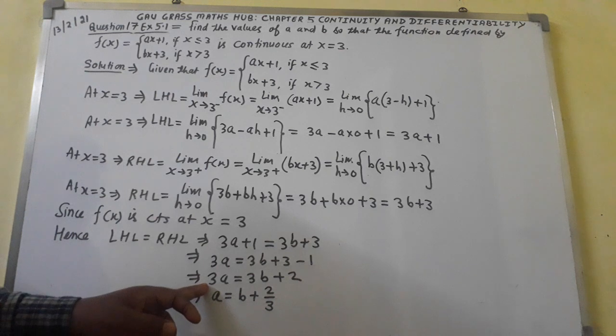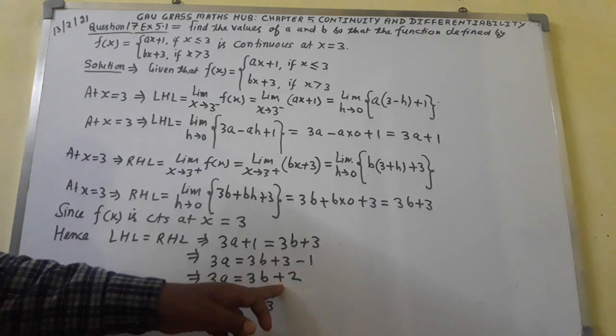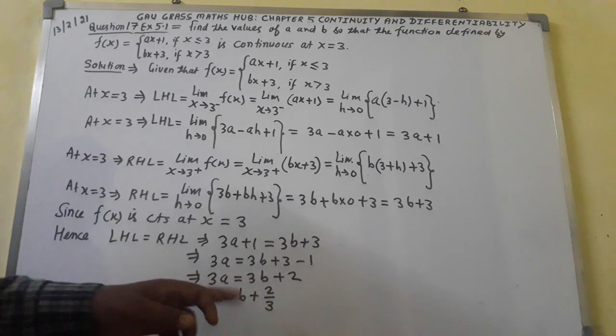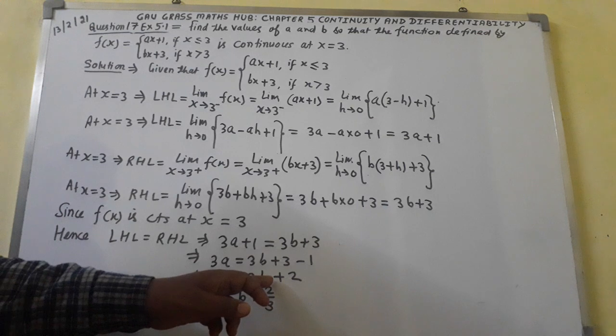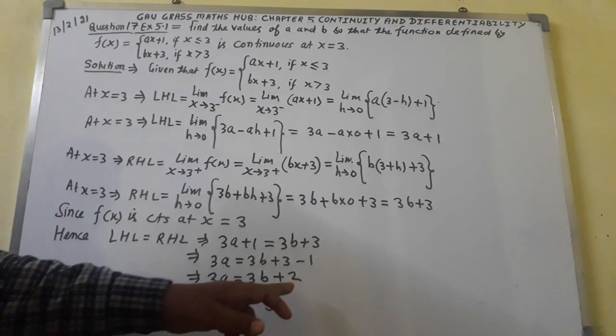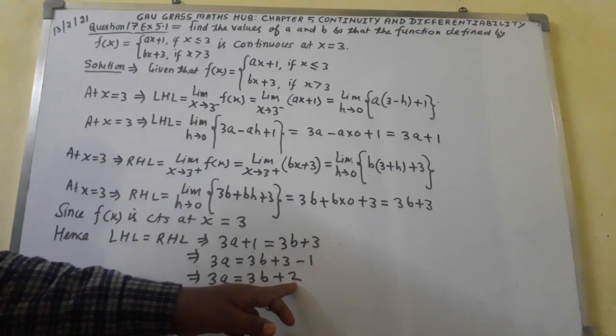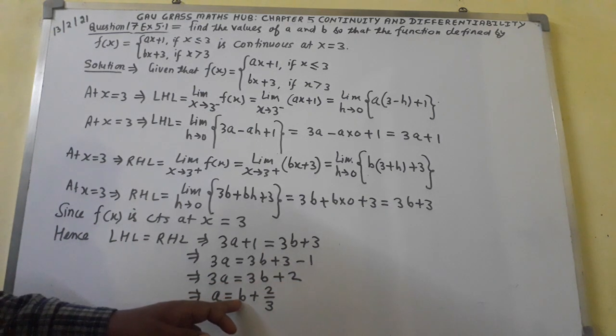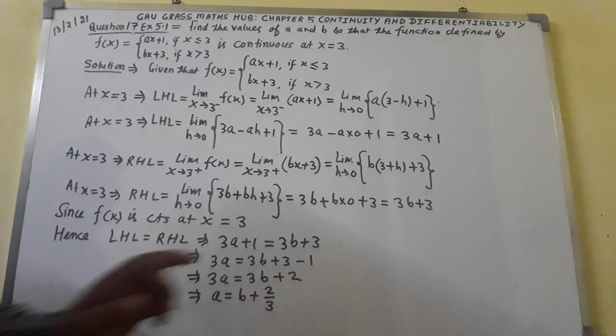Here 3 is multiplied to a, so this 3 will go to the right hand side, where 3b plus 2 will be divided by 3. So 3b divided by 3 comes out to b, plus, and 2 divided by 3 is 2 by 3. The correct answer you have got is a equal to b plus 2 over 3.